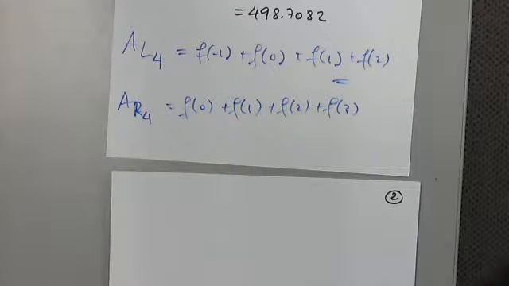Base times height, whatever height you want, whatever number of intervals is convenient. But keep in mind it will be an estimate. You can use 6 intervals and use the midpoint, or use the leftmost point or the rightmost point. Just make it easy so you can easily read from the graph.